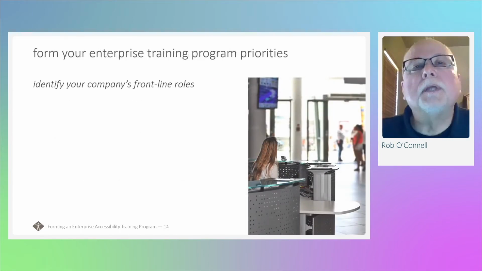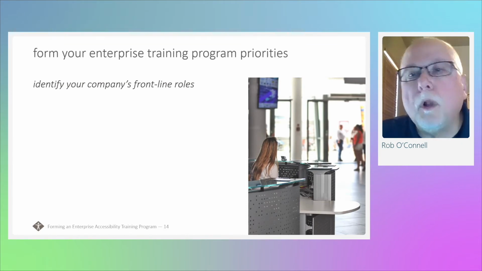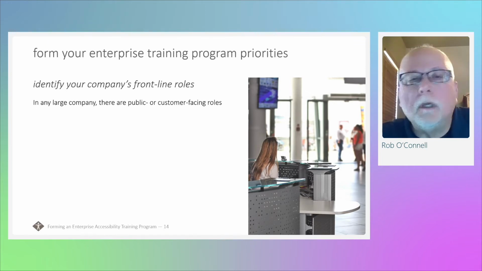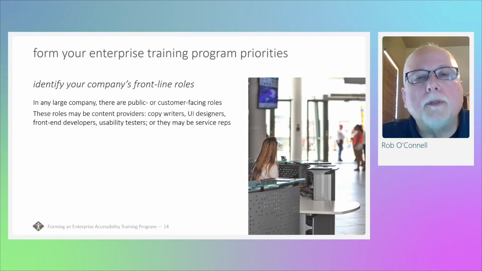One of the first things that you have to do as you're creating this enterprise program is identify your company's frontline roles. We began with a set of roles. It's not as far-reaching yet, I think, as it's going to be, but we decided that anybody that was creating content that a member had to engage in directly, or that was creating a service experience that had a direct face-to-face or conversational exposure, was going to be a role we wanted to train to.